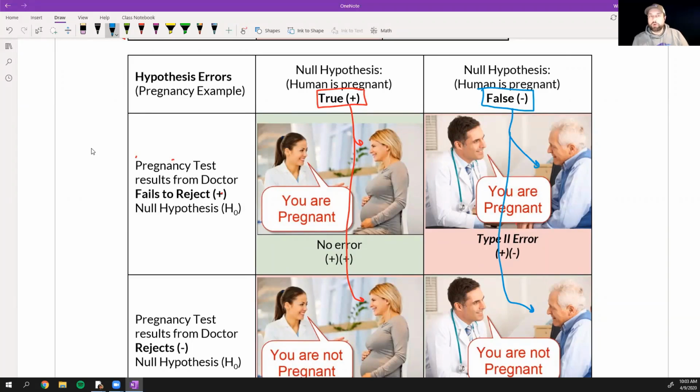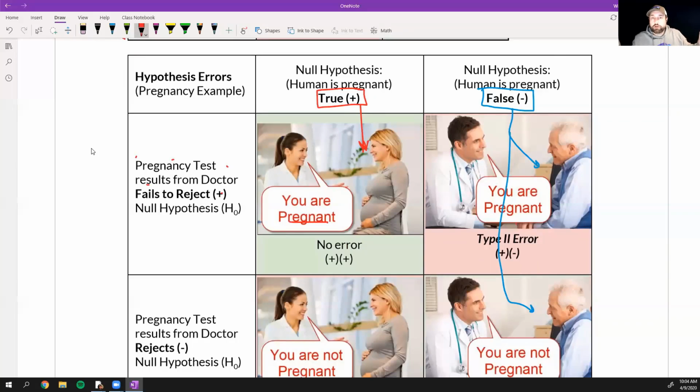So now the doctor administers a pregnancy test. So what does the pregnancy test say? In this case, the pregnancy test fails to reject the null. In other words, it says the null hypothesis is true. So the patient is biologically pregnant, and the pregnancy test says you are pregnant.